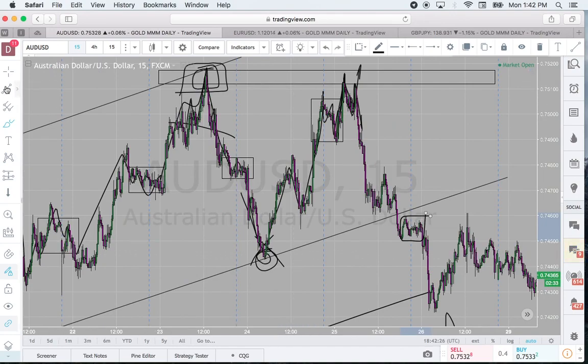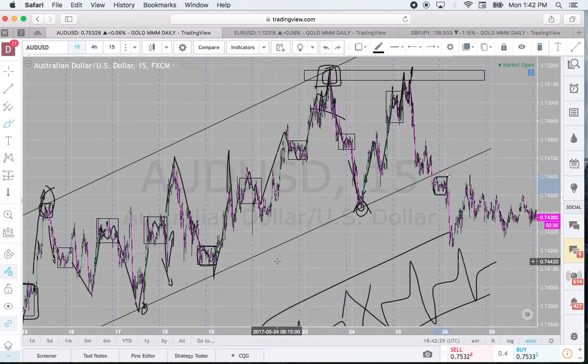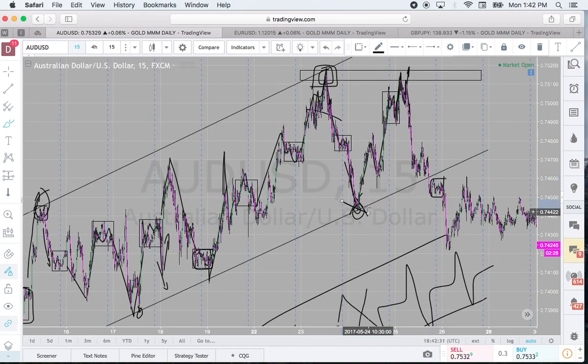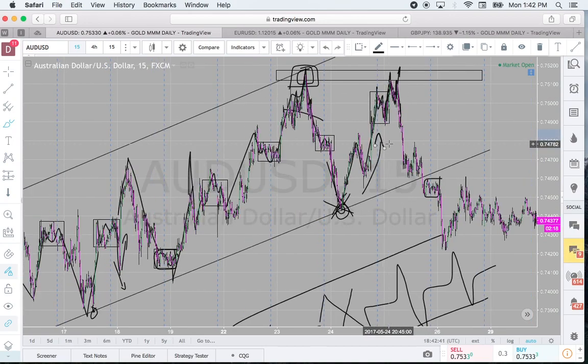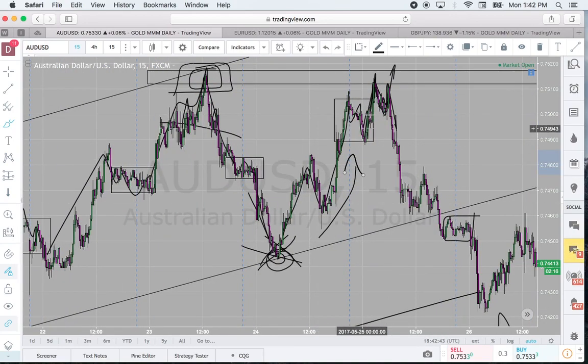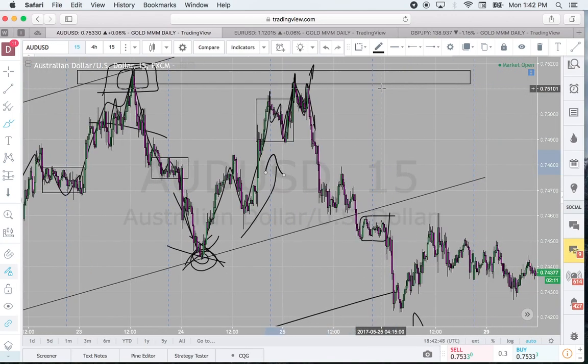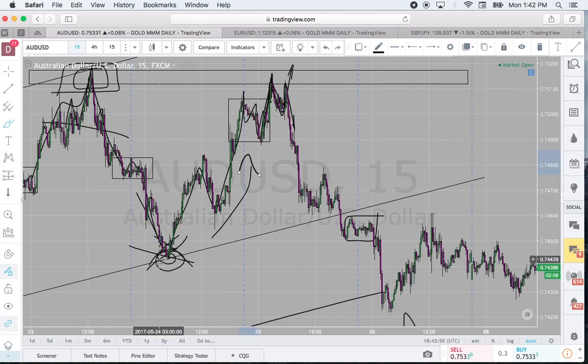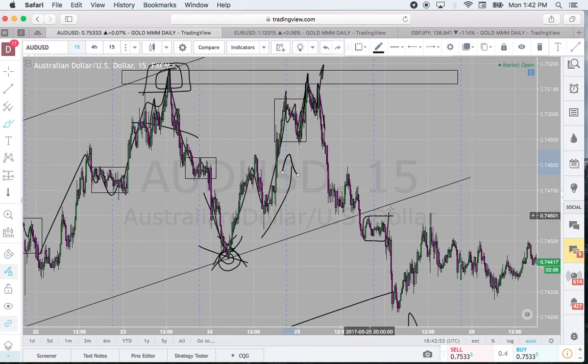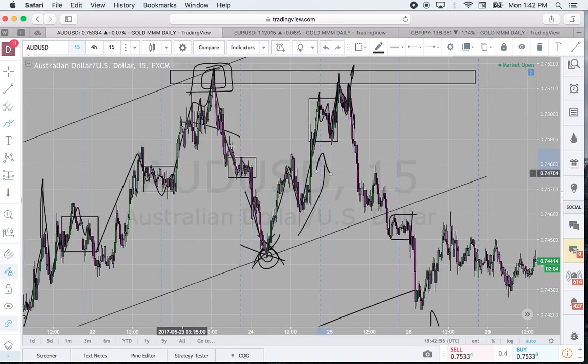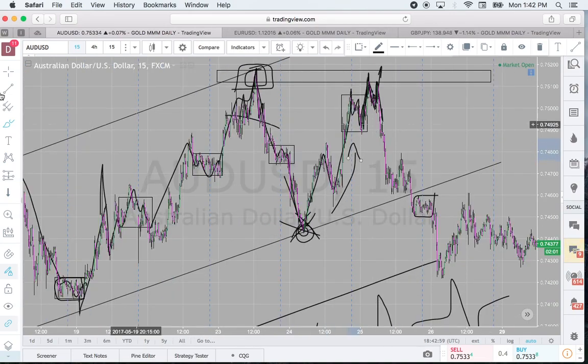Remember, the retail traders may have bought on this third hit to the trend line. They could have gained a nice amount of profit off of this spike to the high.